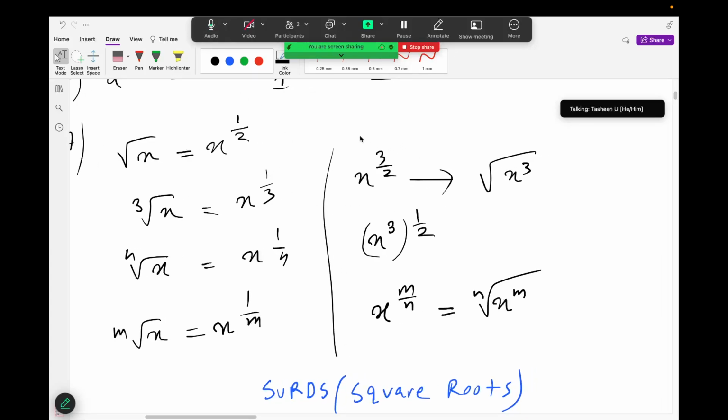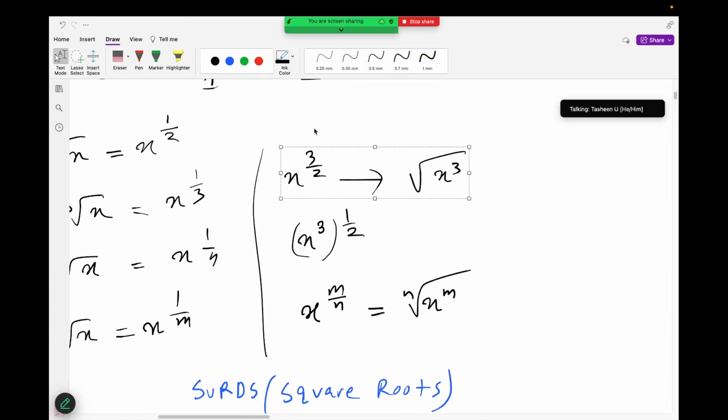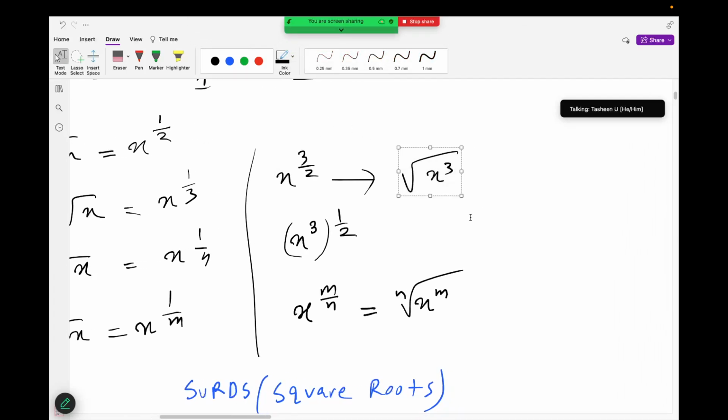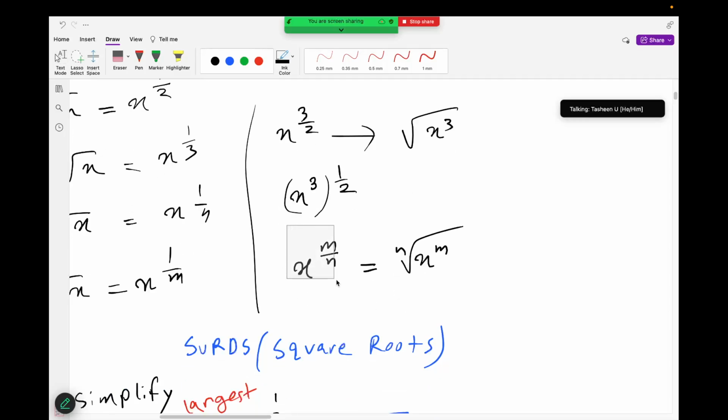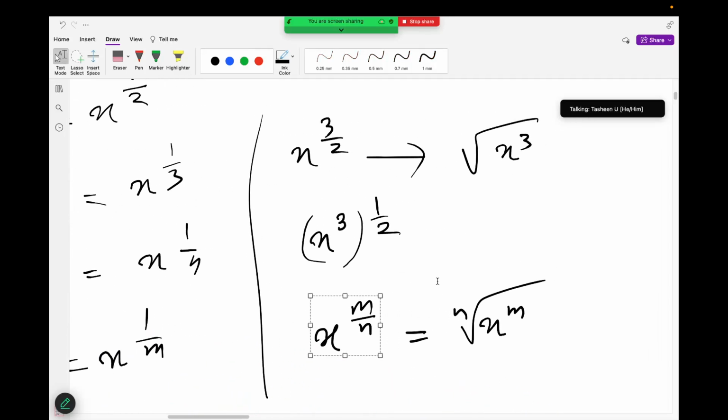So if we have x to the power 3 by 2, then we can write this as root of x cubed. You can think of it this way: first take the cube and then the half. So if we have x to the power m by n, we can write it as the n-th root of x to the power m.